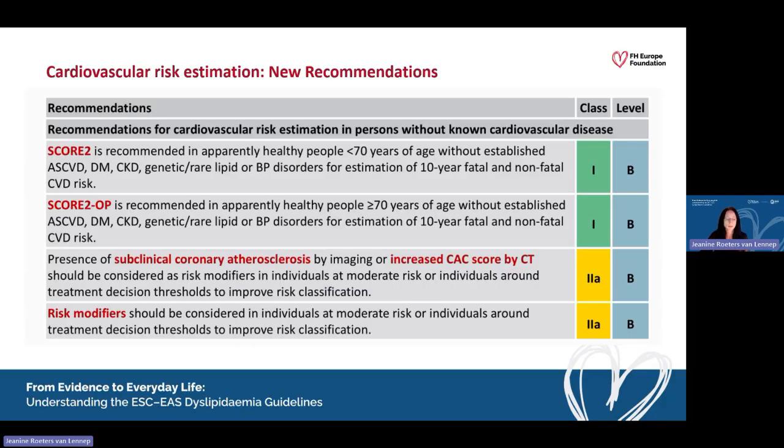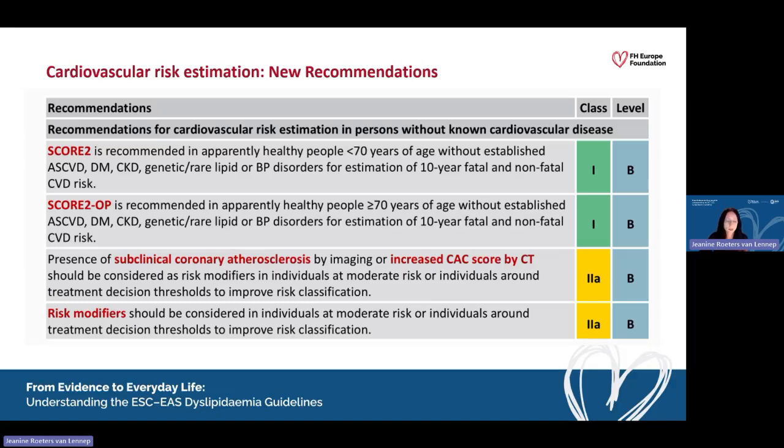Well, very briefly, we have some new recommendations on how cardiovascular risk is estimated in people who did not have cardiovascular disease before. And this is a bit technical, but they have a new risk calculator. It appeared in 2021, but that's later than 2019, so it had to be updated.